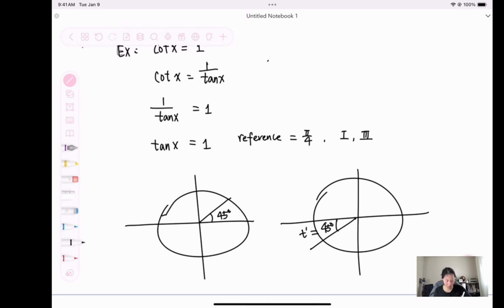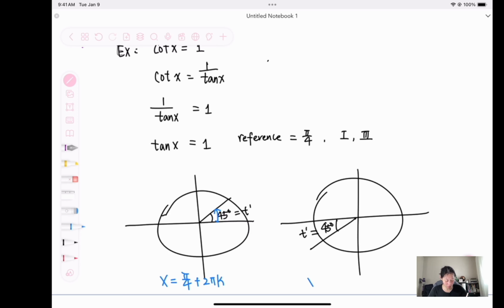The reference angle equals 45 degrees. Well, the first solution is going to be just 45 degrees, which is pi over 4. X equals pi over 4, because the reference angle itself is the angle that we're looking for, and then we add 2 pi k because it repeats.